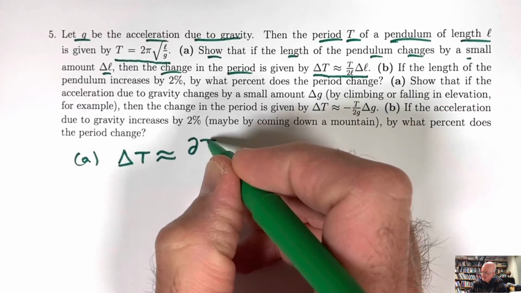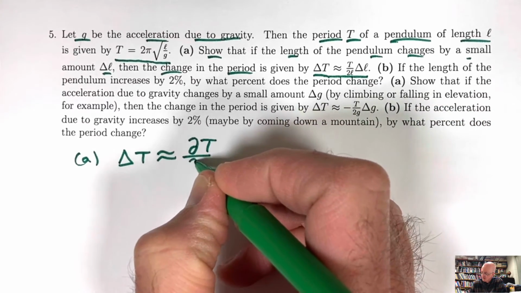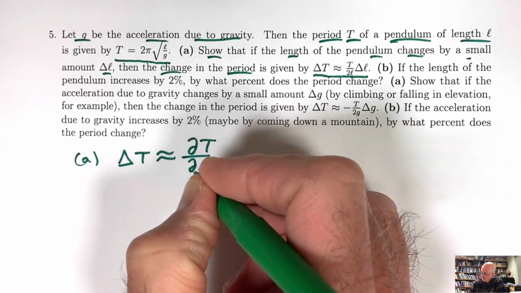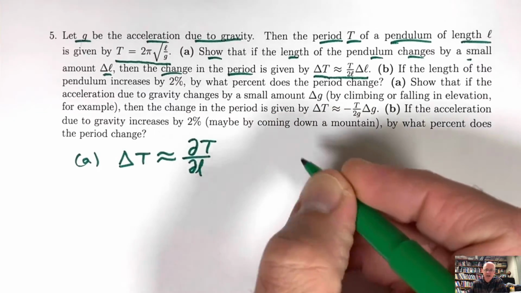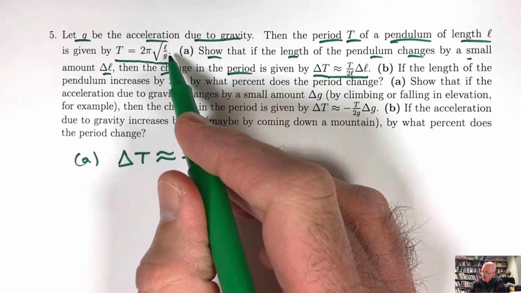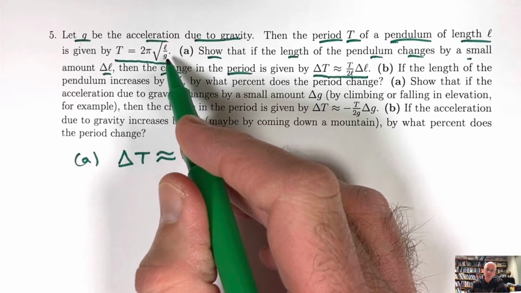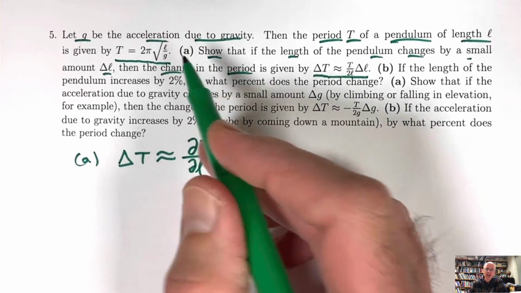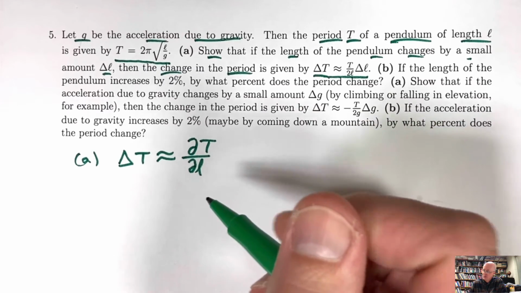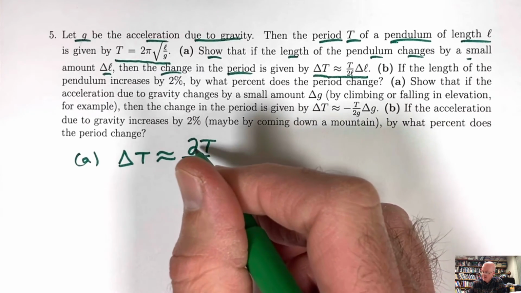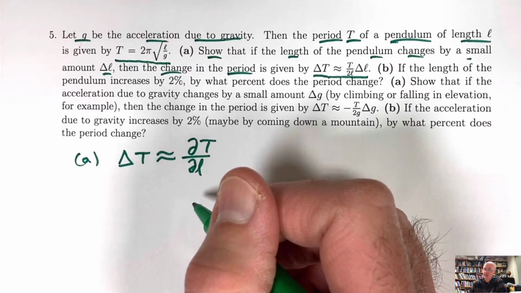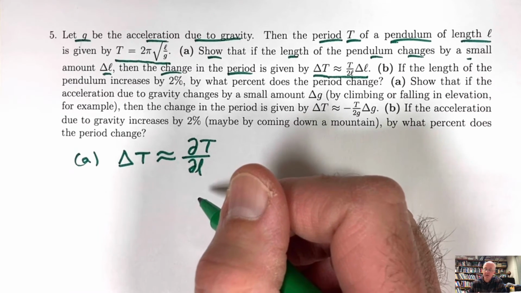This emphasizes that I could think of this as what's called a partial derivative, because this expression could be thought of as a function of 2 variables, L and g. I want to highlight that by using fancy curvy d's instead of ordinary d's. Now, could I use ordinary d's?